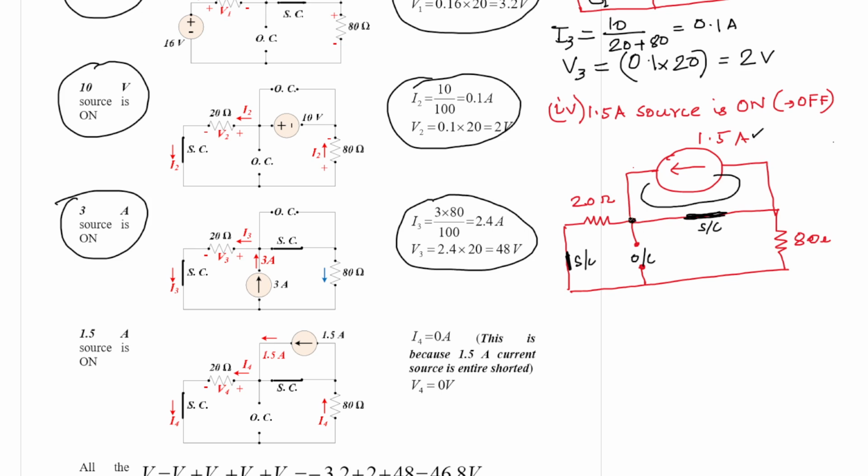If we say this node is M and this node is N, then with respect to M and N, this is a short circuited path, and another path is this. With respect to the short circuit path, we have the 1.5 ampere current source.